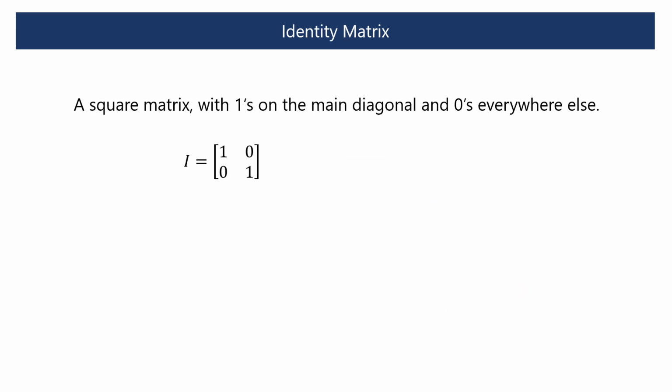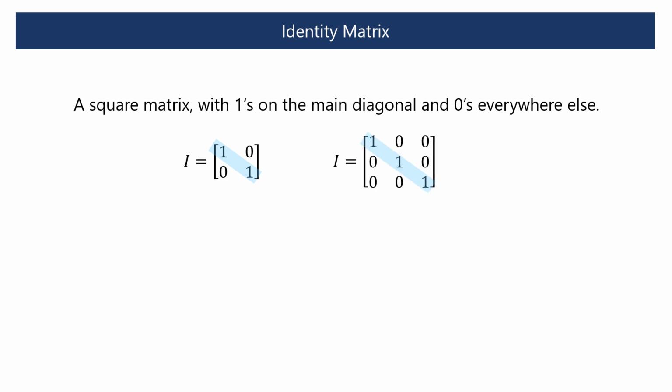Next is the identity matrix. It is always denoted as I. An identity matrix is a square matrix with ones on the main diagonal and zeros everywhere else. Here, the main diagonal means the elements from the top left to the bottom right of the matrix. For example, this is the 2 by 2 identity matrix.